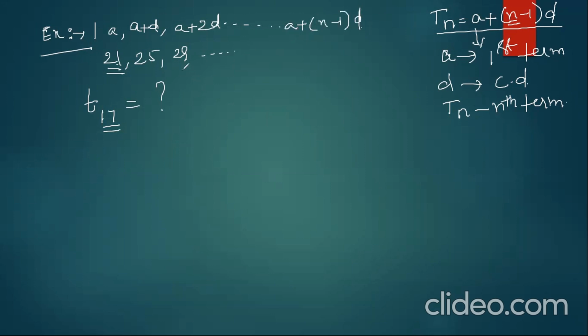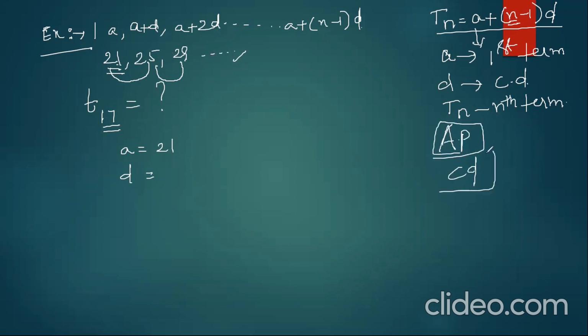Now, we are calculating T17. So A is equal to 21. What about D? D is T2 minus T1, or T3 minus T2. To recognize whether the given progression is an AP or not, first check the common difference.